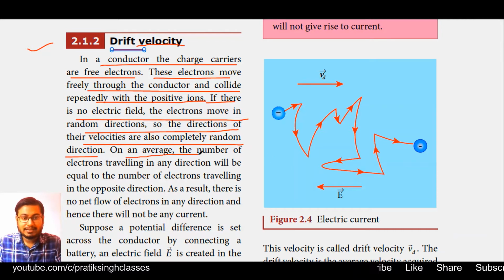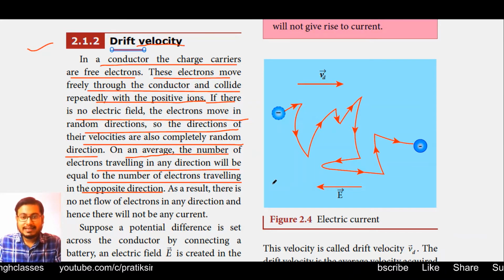On an average, the number of electrons traveling in any direction will be equal to the number of electrons traveling in the opposite direction, and that is why it neutralizes the net movement, or net velocity in this situation is equal to 0. Fine.